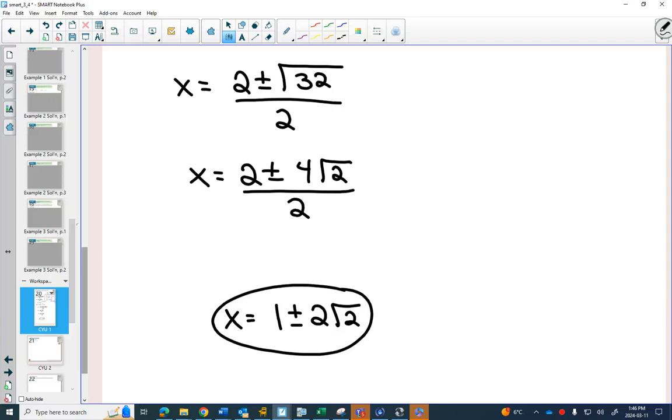Some people like to add this optional step in purple where they say, I have a 2 in common on the top. And now that I'm multiplying, I would be allowed to simplify a single 2. Some people just say, no, I don't mind dividing every term by 2 and going right to my final answer.